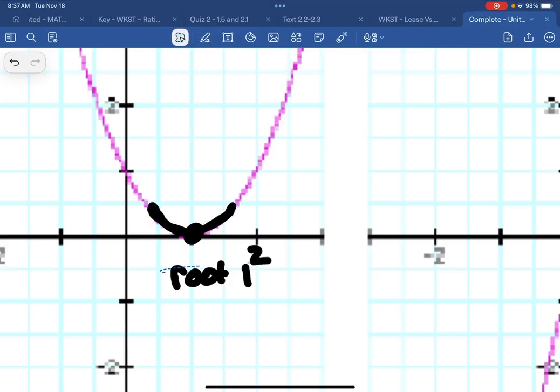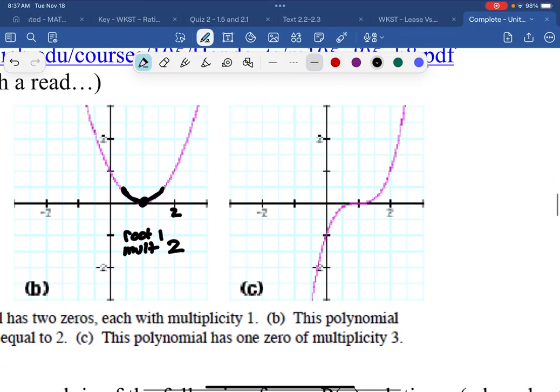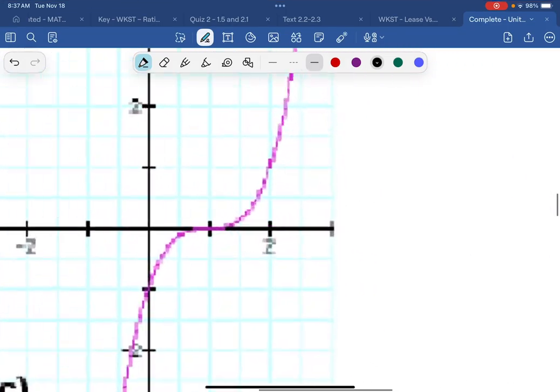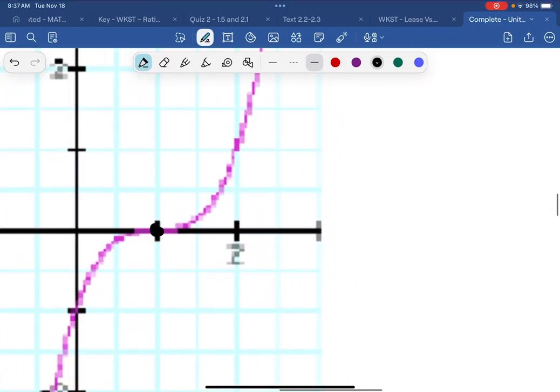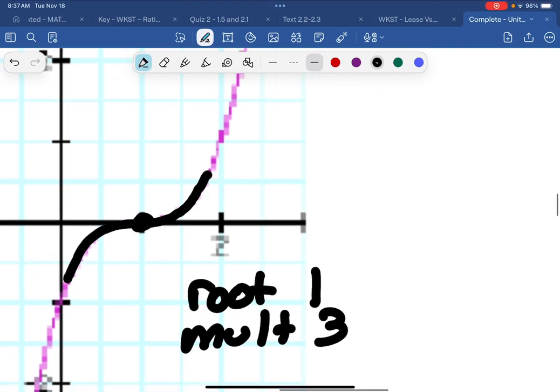This looks like a 1 squared now. So this one would have multiplicity of 2. In this graph, around this x-intercept, so the root is 1, it behaves like a cubic function, all right? So that's multiplicity of 3.